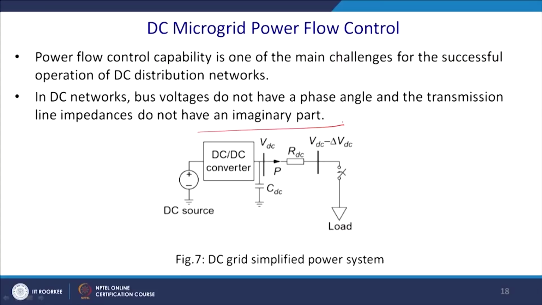So, it is quite simple. You have a DC source, you may have a DC to DC converter because the DC source voltage and the load voltage may be different, and for this reason you have a different V_DC, then R_DC, then V_DC minus del V_DC, and this will be the load.